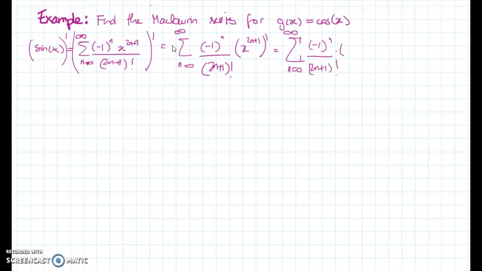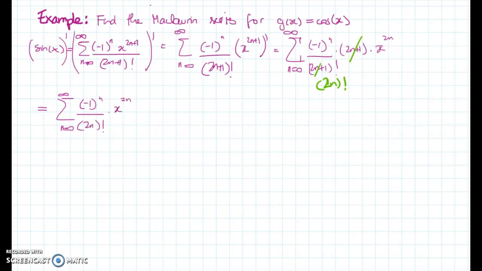And we're going to have a factor of 2n+1 multiplying and x to the power of 2n. Here, let's look. This 2n+1 is canceling with that 2n+1 here to leave just (2n) factorial. So this is the sum from 0 to infinity of (-1)^n over (2n) factorial, x to the power of 2n.